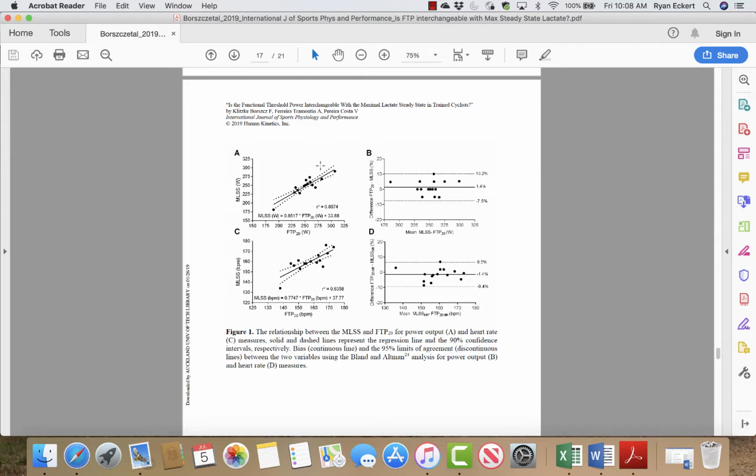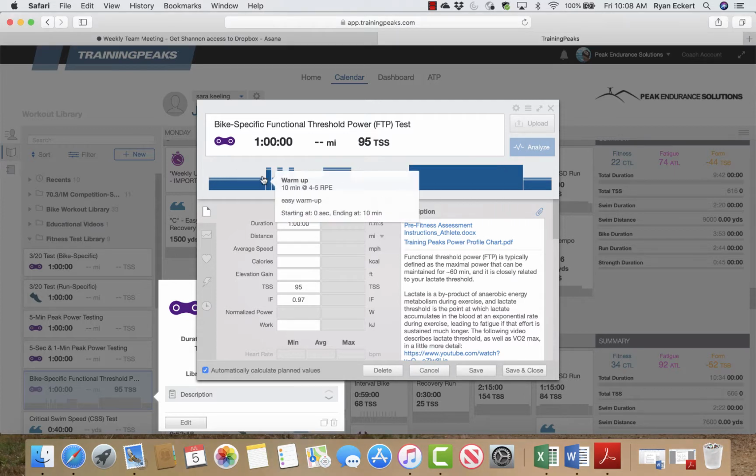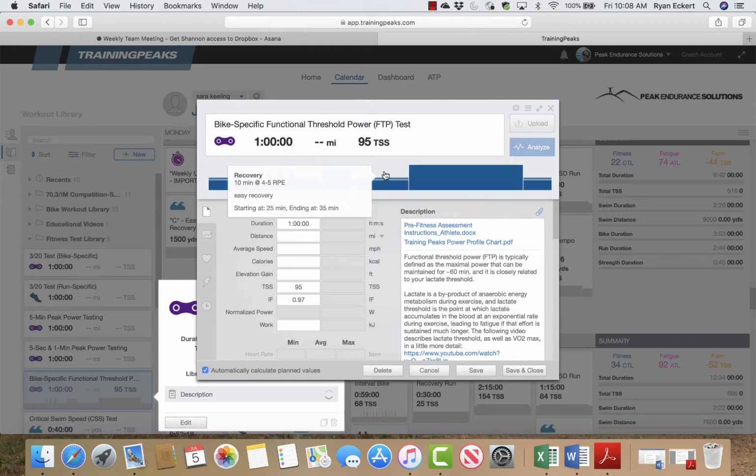Now, one of the caveats of this, I mentioned earlier that this warm-up was important. And so this warm-up is essentially, you want to think of this entire 60-minute test as the test. Even though you're only using your 20-minute average power data from the 20-minute time trial, this warm-up matters, right?